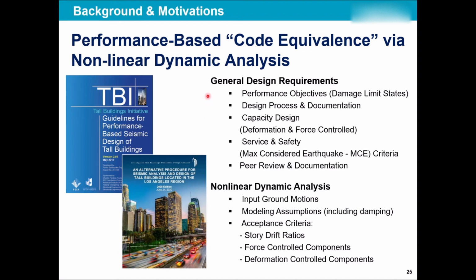So your client will fully understand that if this building is built, it is going to perform under this and this and this under different earthquake intensities. They defined the design procedure and process and how that can be documented. They clearly defined how capacity design, the capacity design that the code suggested, should be implemented in the design. How can we get the advantages of that in our design and get the benefit of it?